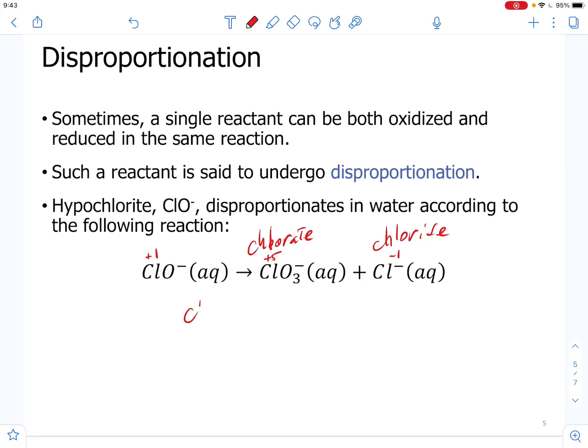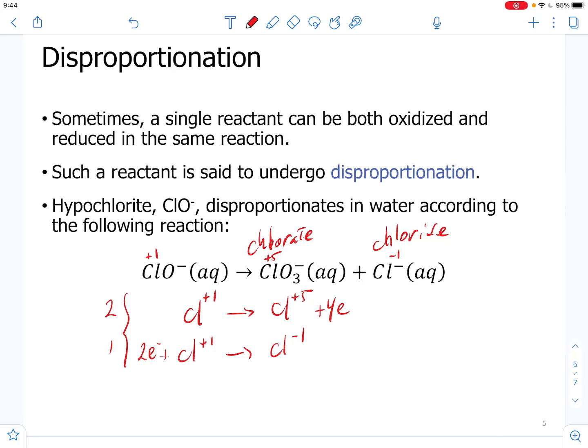So in one case, the chlorine is going from +1 to chlorine +5, in which case it is losing 4 electrons, and in the other case chlorine is going from +1 to chlorine -1, in which case it is gaining 2 electrons. In this case, then the first equation has to be multiplied by 1 and the second you just leave it at 2.